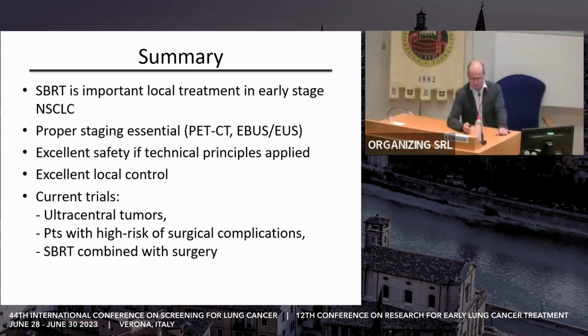We have more clinical studies now being designed. With that, I'll stop, and I'll ask my colleague, Professor Renzo Mazzarotti, to speak about technical components of SBRT.